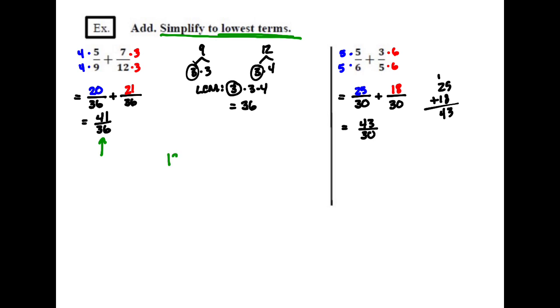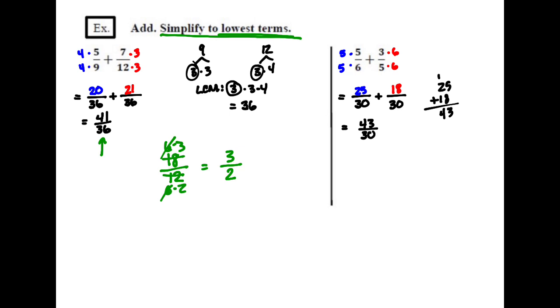So for example, if I had 18 over 12, I would not be done because 18 is 6 times 3, and 12 is 6 times 2, and the 6's cancel. But 3 over 2, now I'm done. Lowest terms does not have to be a mixed number. It didn't say that.